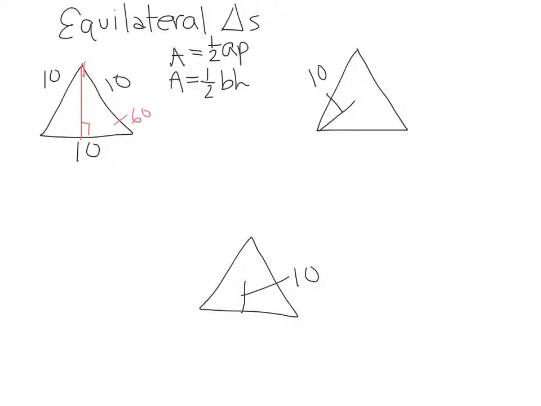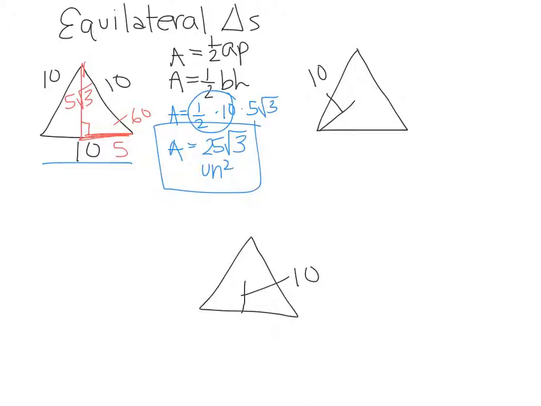This is 60, so this short side has to be 5, and so this has to be 5√3. So the area is 1/2 the base, which is 10, and the height is 5√3 because of special right triangles. I want to leave this as exact. So 1/2 of 10 is 5, 5 times 5 is 25, so it's 25√3 units squared.